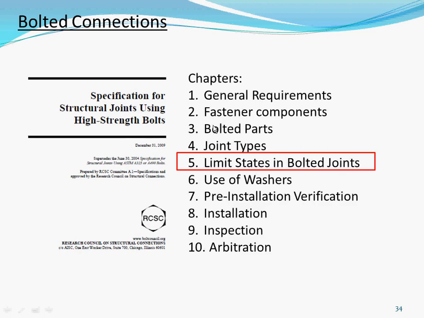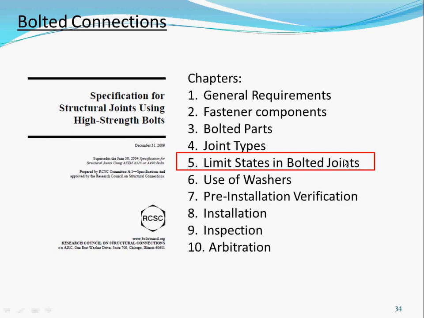Most of them deal with inspection and installation requirements: pre-installation verification, use of washers, joint type, bolt type, fastener components, and so on. All we worry about is the limit state in the joint. This is a strength calculation, and 360 has moved most of these equations into chapter J, so you don't really need to go back and refer to this one for typical cases.